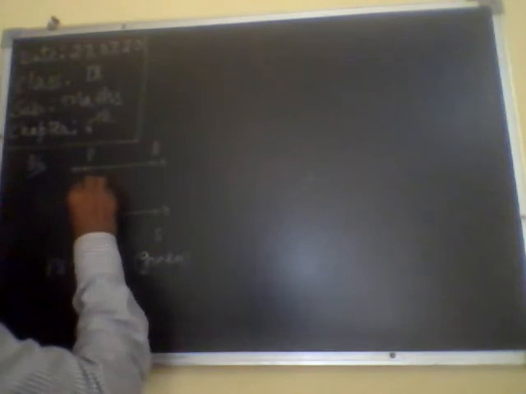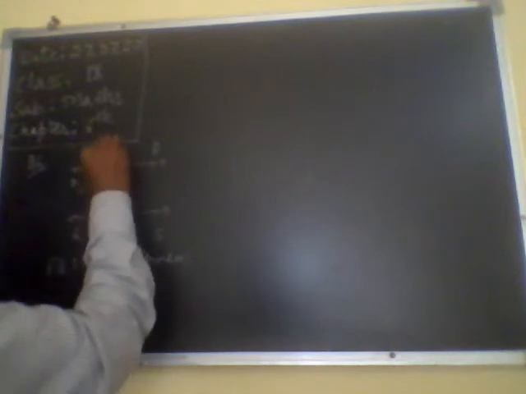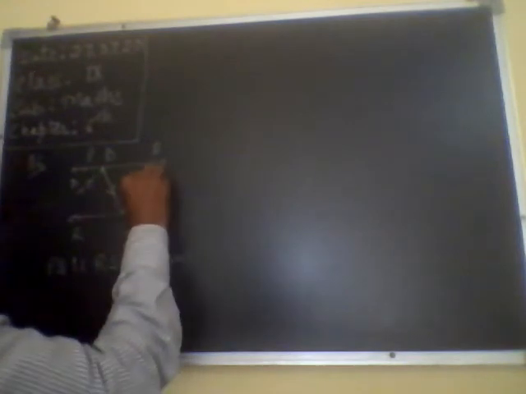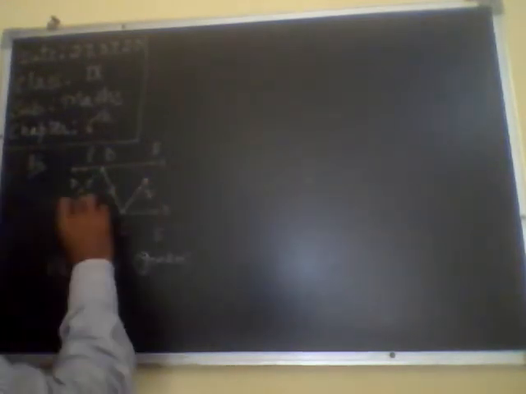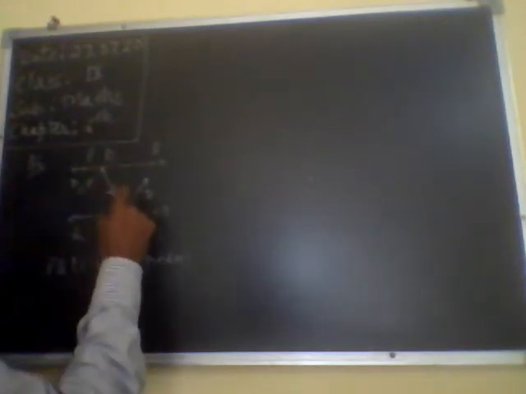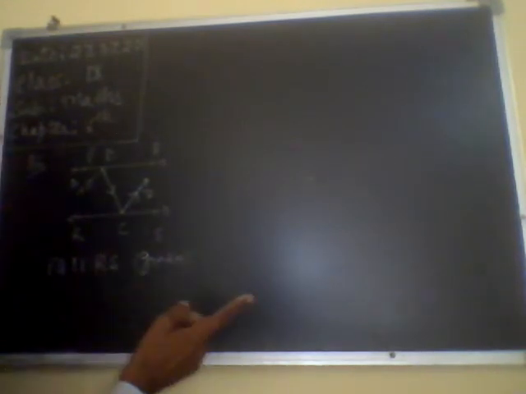AB is the incident ray to the mirror PQ, BC is the reflected ray, and then it again reflects along CD. Now we have to prove that AB is parallel to CD. This we have to prove, but it is given that PQ is parallel to RS. This is given to you.